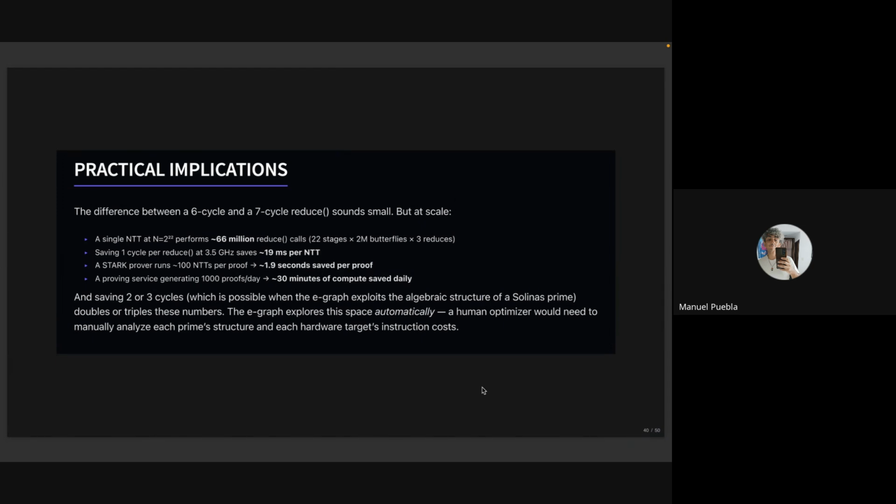Try to picture that if you save 2 or 3. And we're only talking about saving cycles. We're not talking about more sophisticated heuristics that we humans know. The e-graph doesn't know about implementation. The e-graph just knows about rewrite rules. But if we supply a rich enough cost function, this can work.